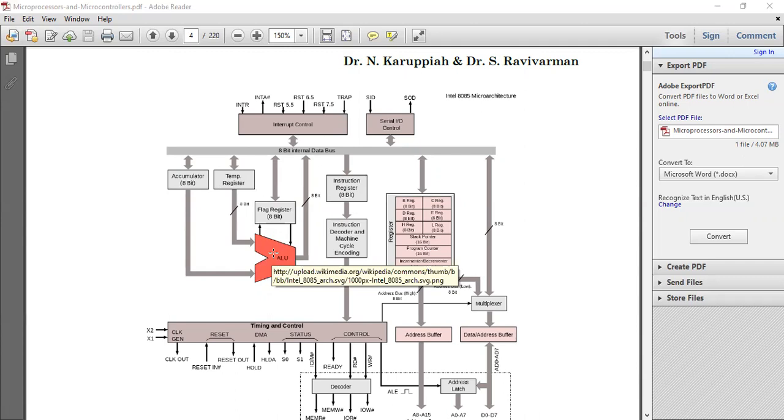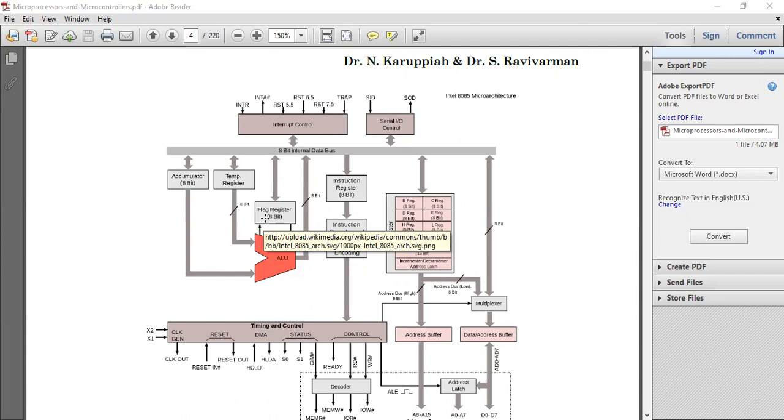Arithmetical operations are addition, subtraction, multiplication, etc., and logical operations are OR, NOT, AND, etc. After performing these operations, the resultant is indicated by the flag register, which is also an 8-bit register. In the flag register you have the parity flag, carry flag, auxiliary carry flag, zero flag, and sign flag.